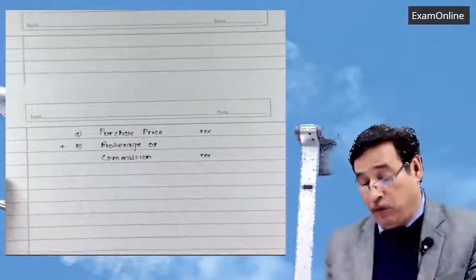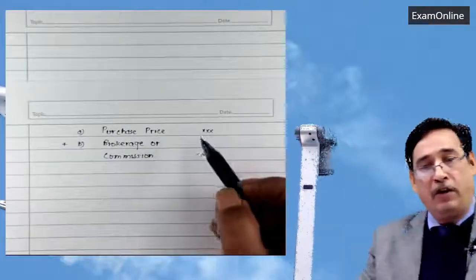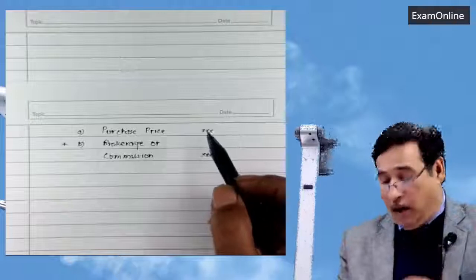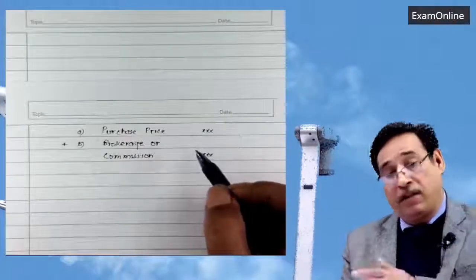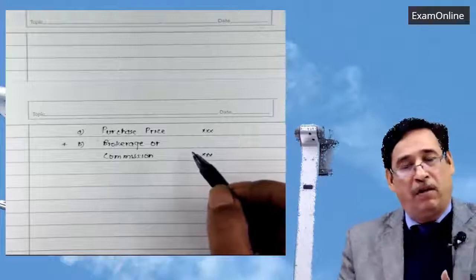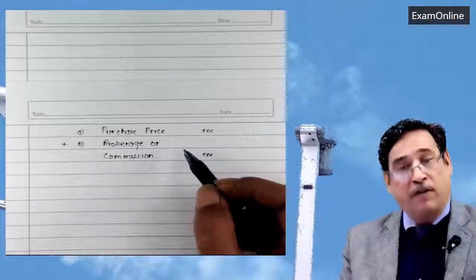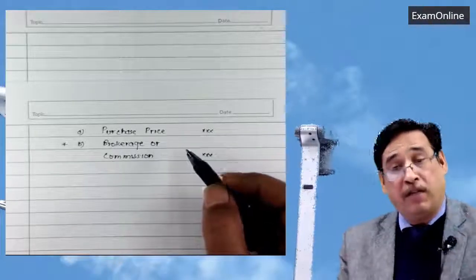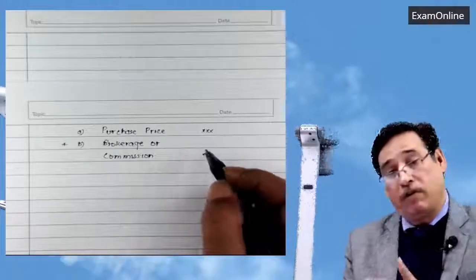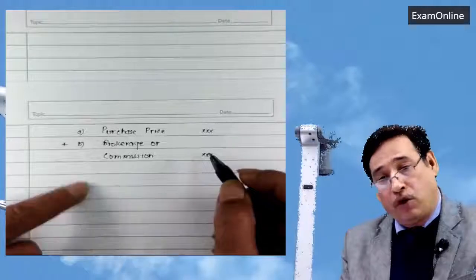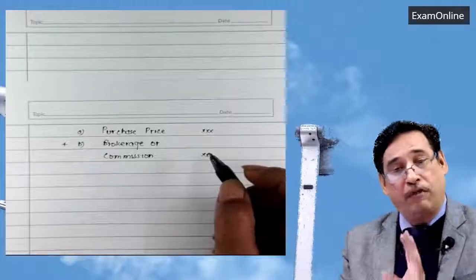For example, you bought the shares of a particular entity through a broker and your purchase price is 1,50,000, and let us say 1% is the brokerage the broker is demanding. So 1,50,000 into 1%, 1,500 will also become the brokerage. That too will be considered as cost of your investment.